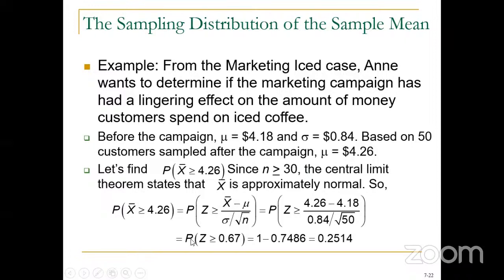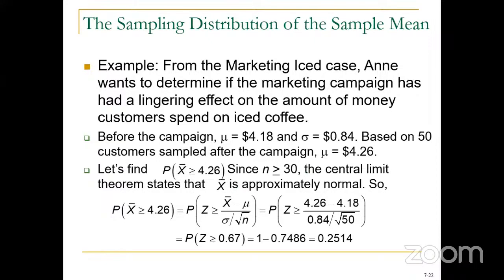By doing that, we got the probability of z more than or equal to 0.67. We know how to calculate this. It is equal to 1 minus the probability from 0 to 0.67, and by doing that we got the value 25.14%, or 0.2514.